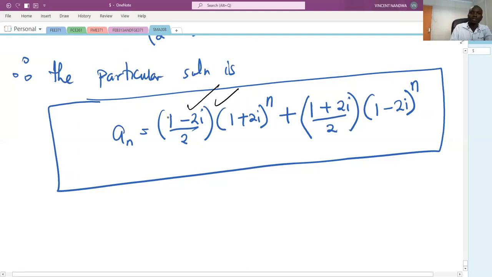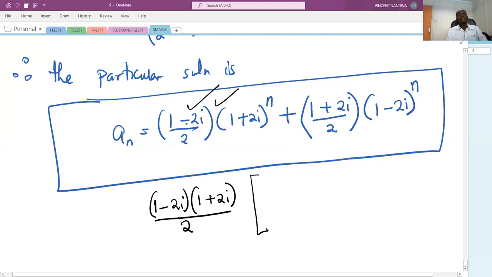Or in this case, you can say in this given equation, if you factor out 1 minus 2i times 1 plus 2i, and then you say divided by 2.